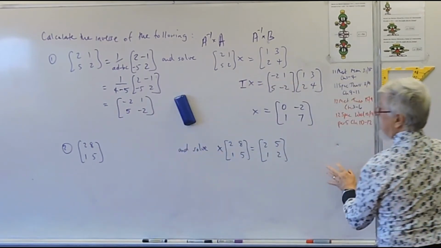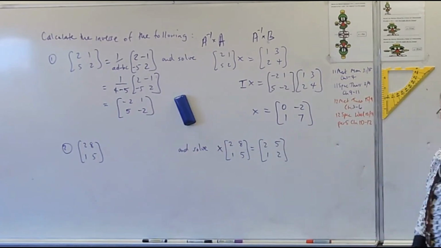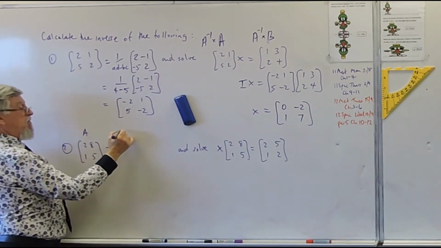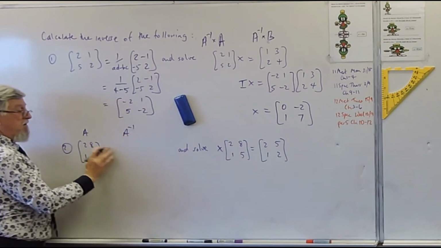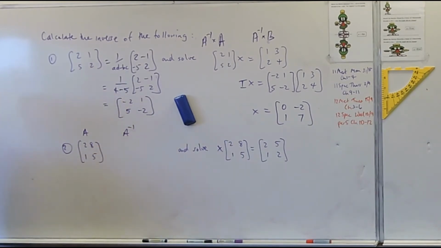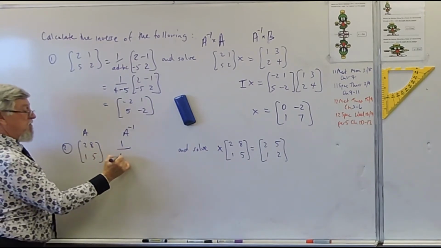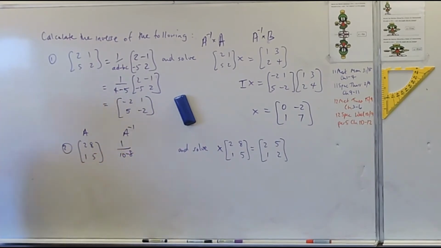So, can you do 2, make sure you're comfortable? Actually, technically speaking, this was A, and we want A inverse, so I really shouldn't have them equal to each other. So the inverse is 1 on 10 minus 8. You get really quick at it. Could have done that one in your head. By the way, you notice I'm avoiding negatives.